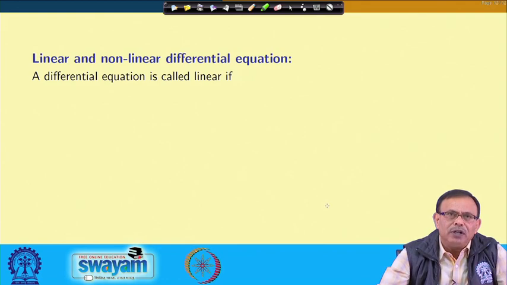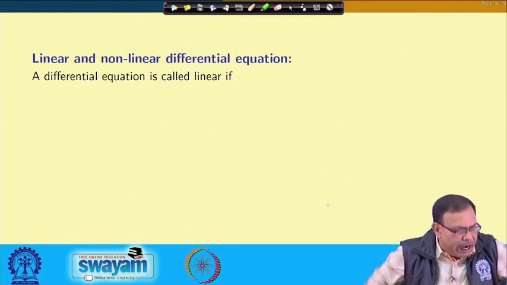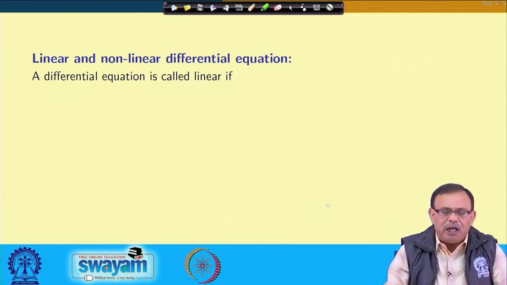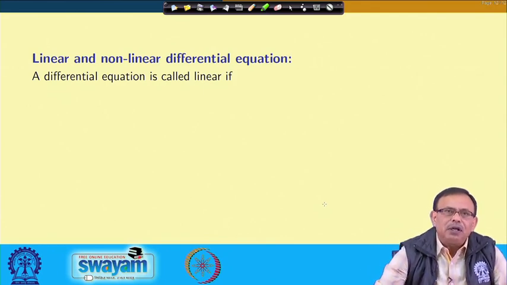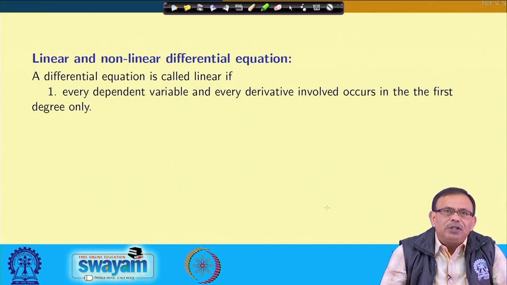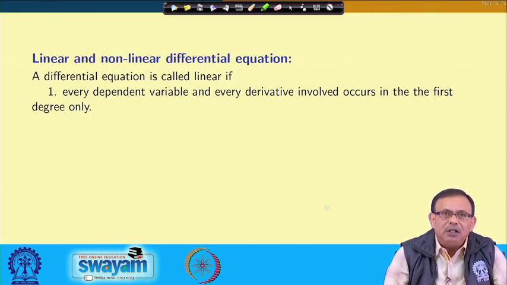When will we call a differential equation linear, and when will we call it nonlinear? A differential equation is called linear if, number 1, every dependent variable and every derivative involved occurs in the first degree only.